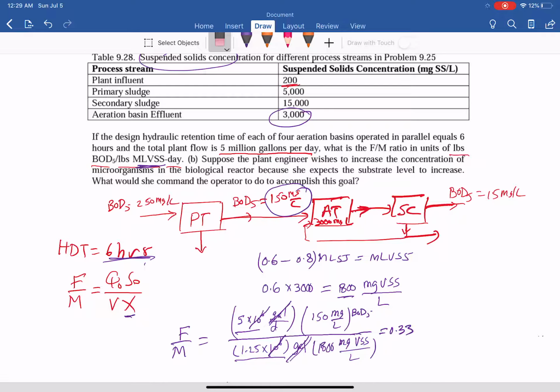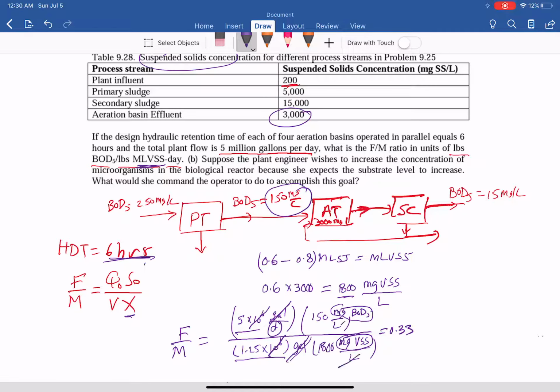This is milligram BOD5 over milligram MLVSS, of course, and the day is here, per day.